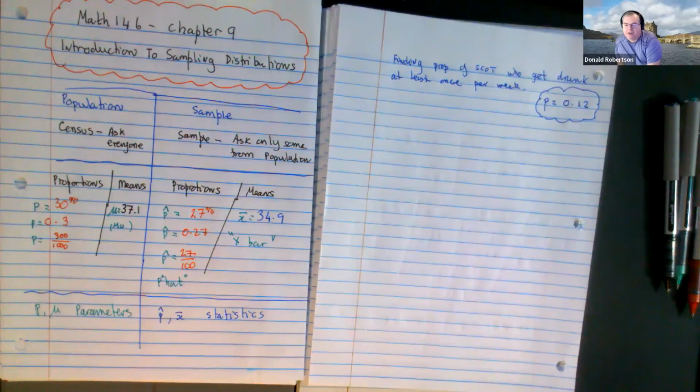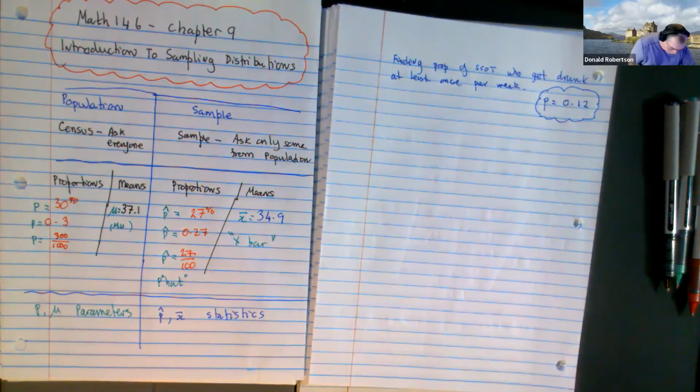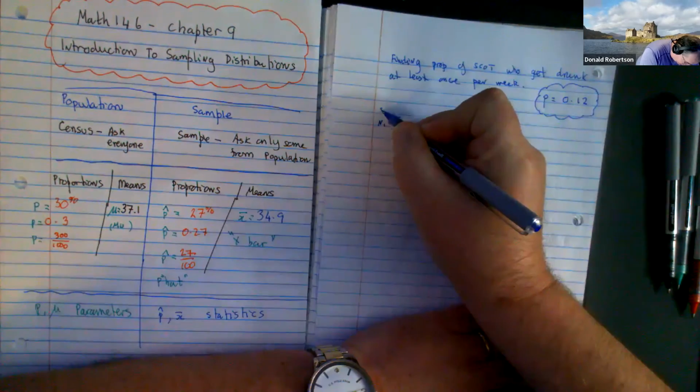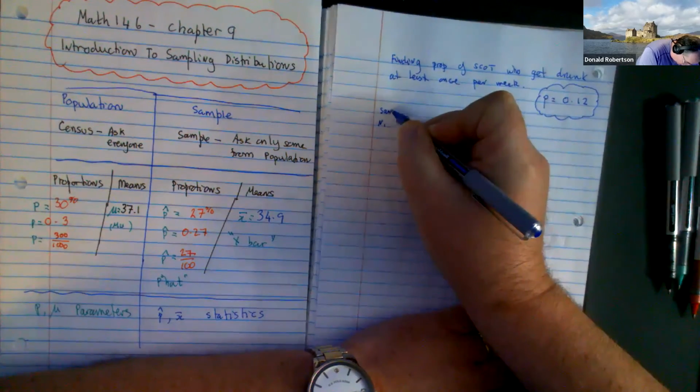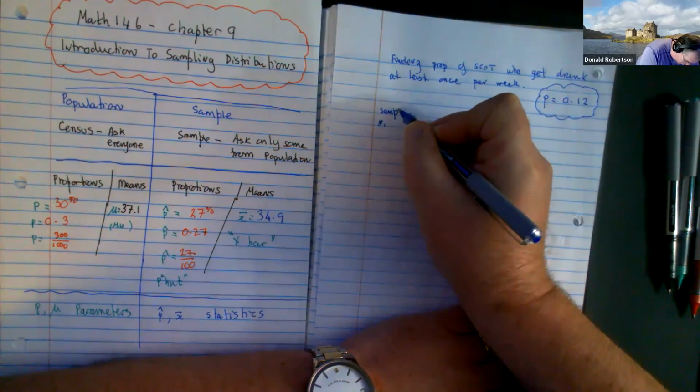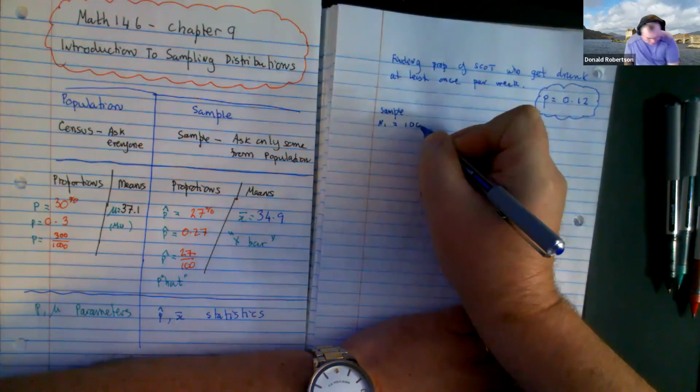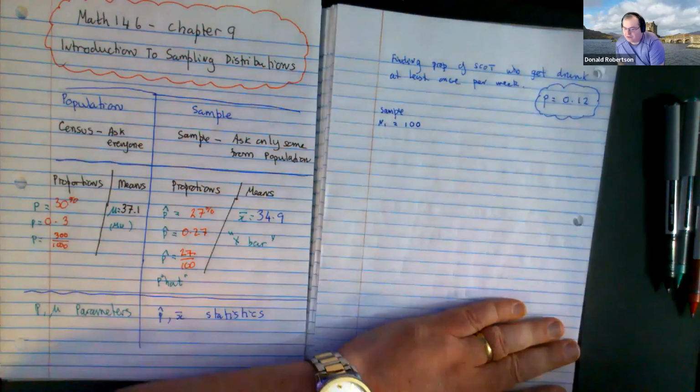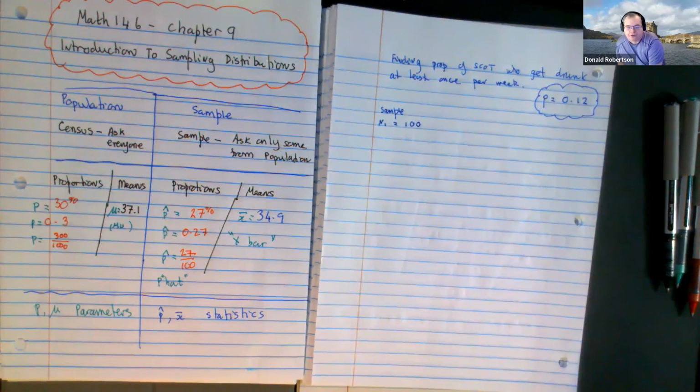Now let's pretend that we didn't know it was 12%. What we did is we got a sample. So we go and find 100 Scottish adults and we asked them, and we're assuming they told us the truth, were you drunk at least once last week?